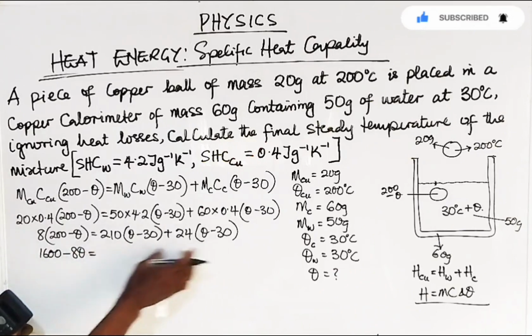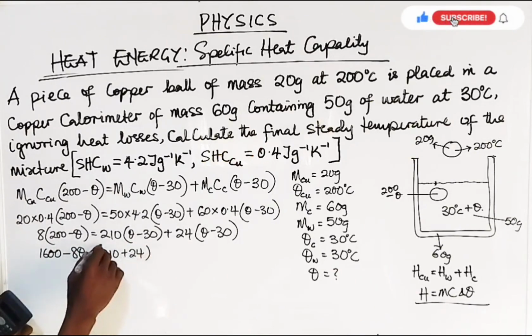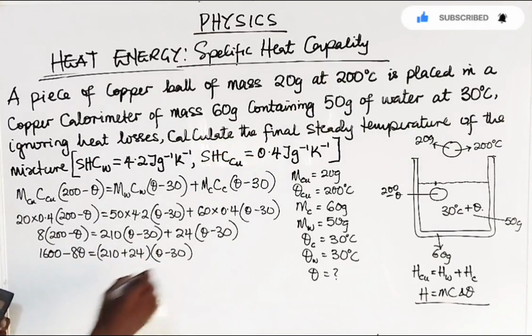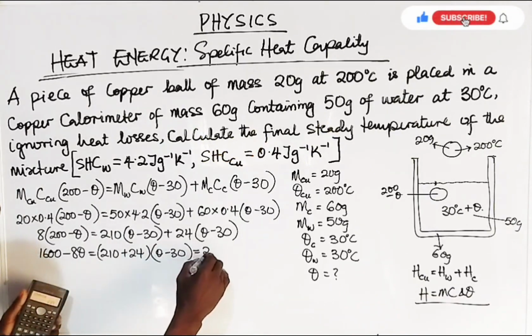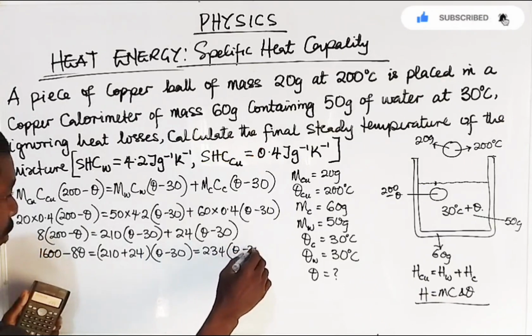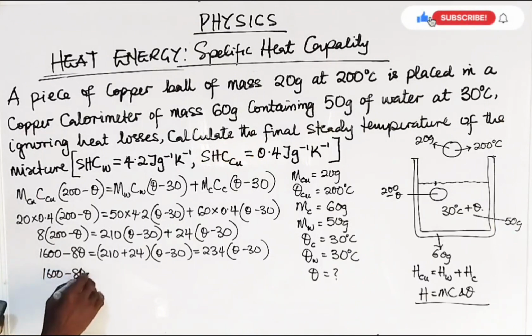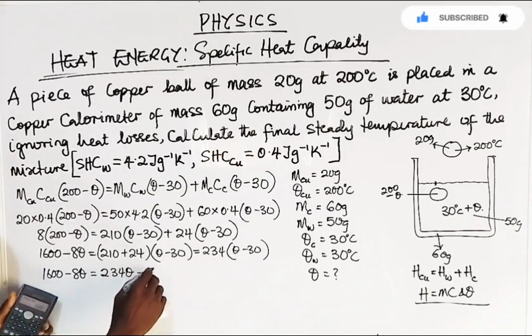Then the right side, factoring out, you have 210 plus 24 into theta minus 30, which gives 234 into theta minus 30. Opening the bracket: 1600 minus 8 theta equals 234 theta minus 234 times 30, which is 7020.